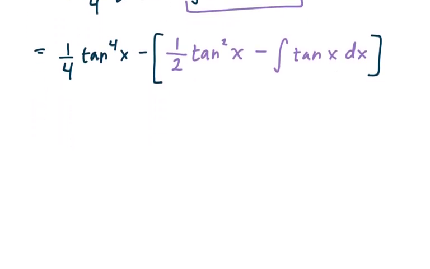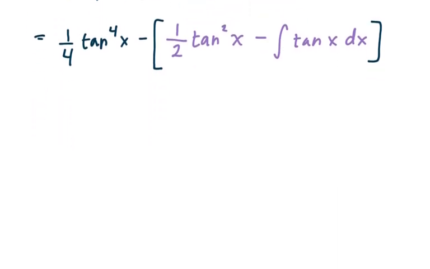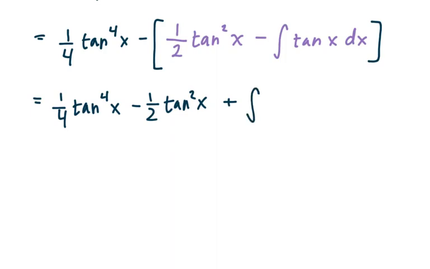So now what I'm left with is 1/4 tangent to the fourth x minus 1/2 tangent squared of x plus, because those two minuses distribute, plus the integral of tangent x dx.